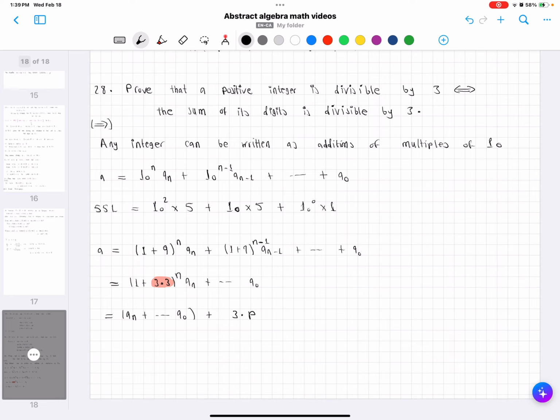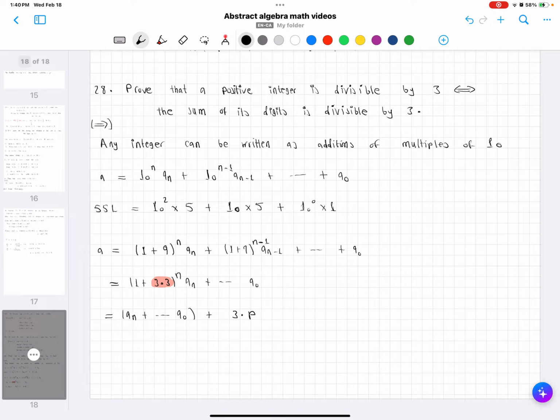So then if 3 divides a, then we must have, by the uniqueness of the division algorithm, that a_n all the way to a naught would have to be 0, because if they give a remainder, that's the division algorithm.